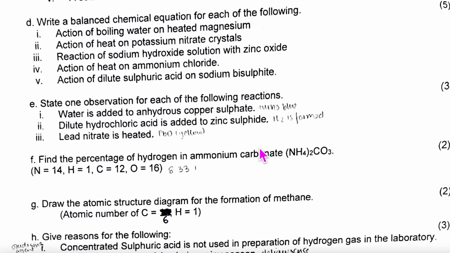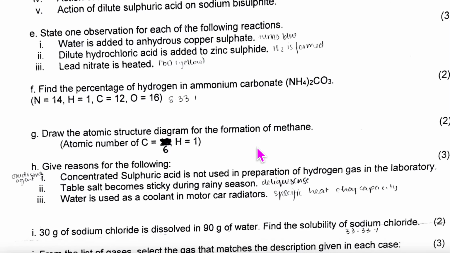So we come to the observations now. State one observation for the following reactions. Number 1, water is added to anhydrous copper sulfate. Now, anhydrous copper sulfate is what color? White. So what you'll say, white, underline that.